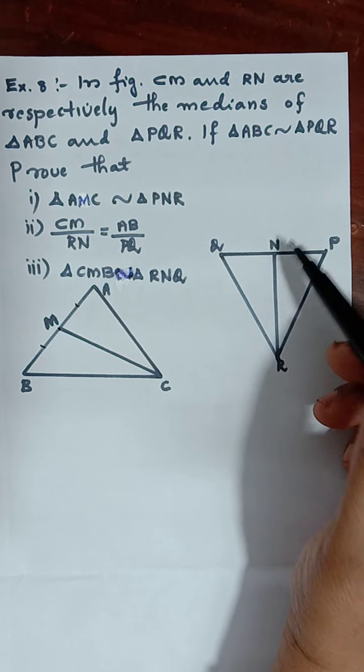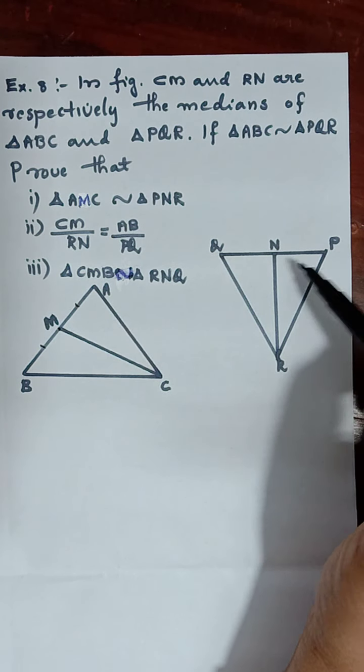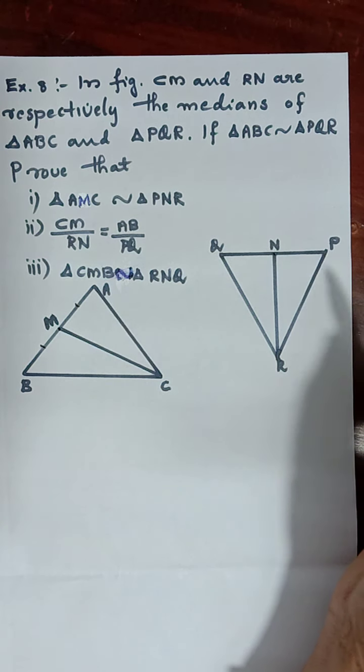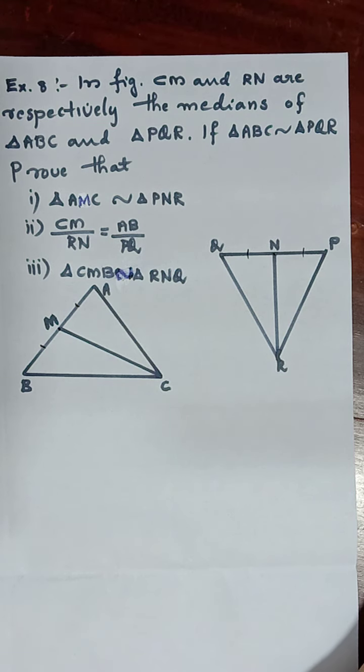Similarly, RN is the median of triangle PQR. For triangle PQR, RN is the median, N is the midpoint, and QN is equal to NP. These are the two clues given to us.